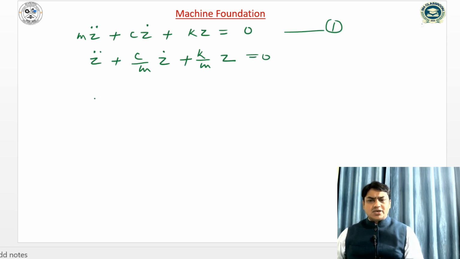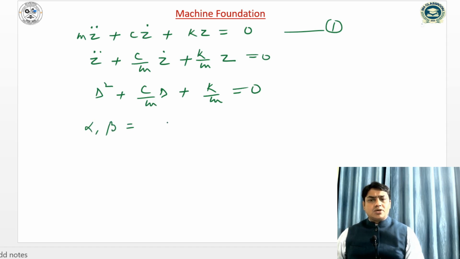So we can write here, d square plus c by m into d plus k by m is equal to 0. This is a quadratic equation in d, where d is d by dt. If I solve this quadratic equation, let us assume the roots will be alpha and beta.